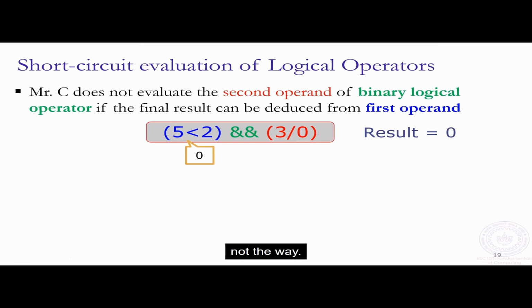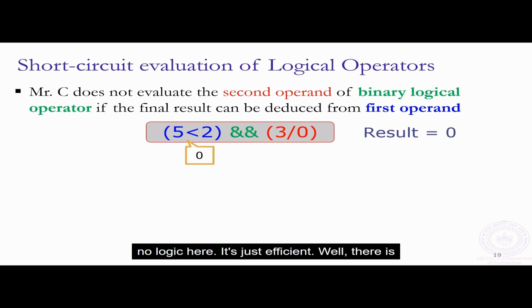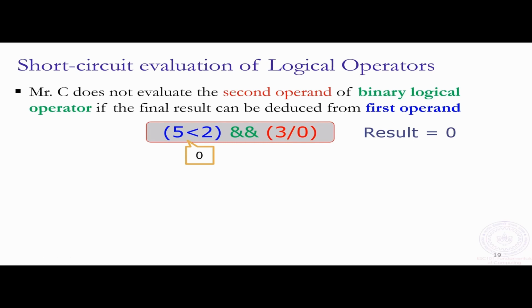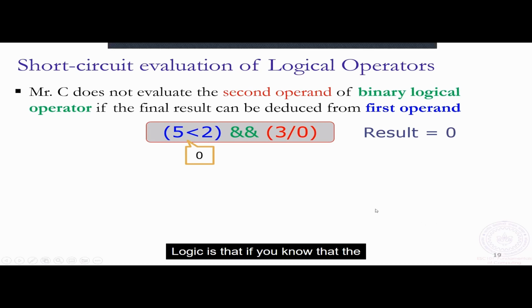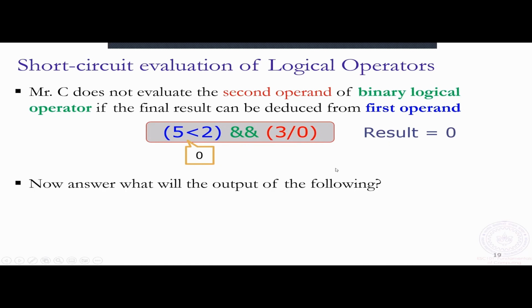This is not the way our rules of precedence have told us operators should work. It's just a cool trick that the C designers built into C for efficiency. There's no logic here. It's just efficient. Well, there is logic here. The logic is that if you know that the LHS is 0, then you don't need to know the RHS in order to correctly say that the result is 0.